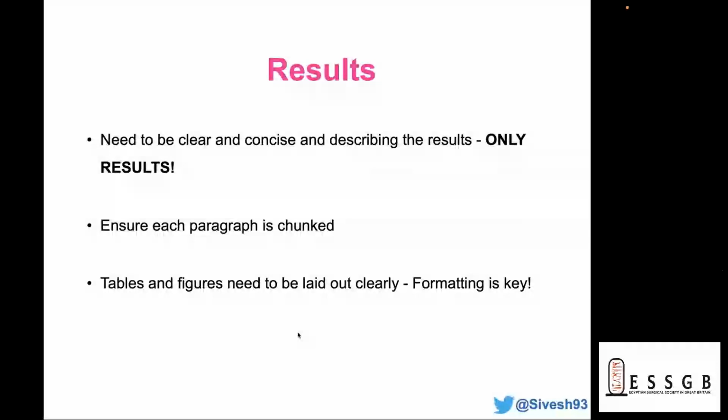So for instance, if I'm writing a paper on anastomotic leaks and survival after esophagectomy, I would focus my first paragraph on baseline differences between patients with and without leaks. Then I move on to describing risk factors associated with leaks. And then I describe whether patients developing leaks have poor, better, or similar survival, depending on what your data shows.